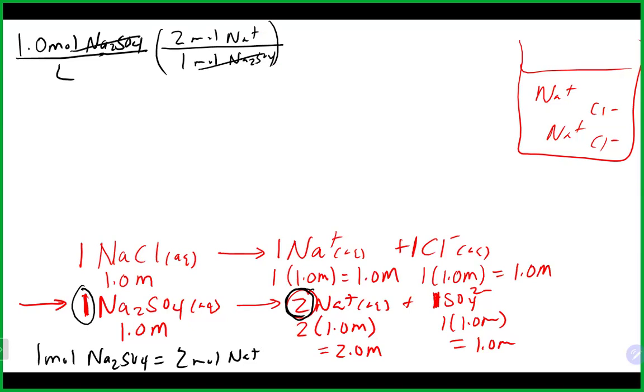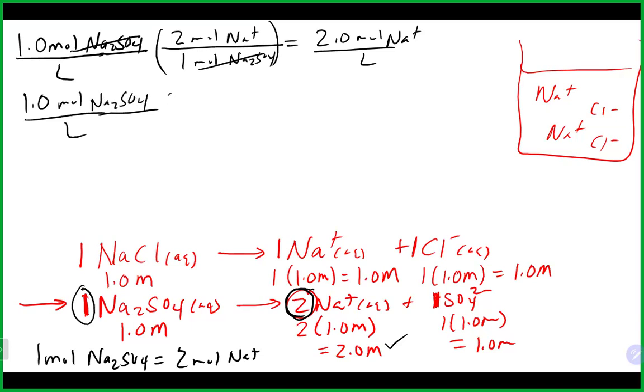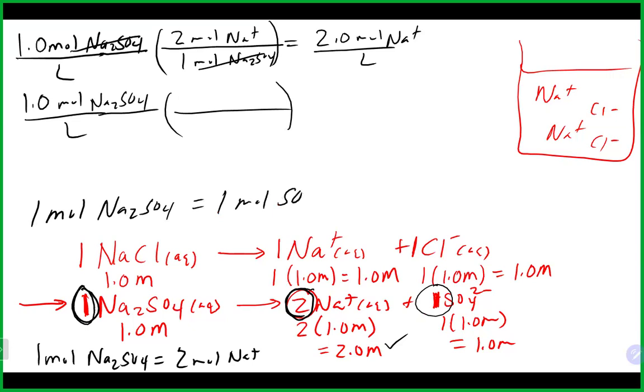Moles of the whole thing cancel, and that leaves me 2 moles per liter of sodium ion, which is basically what I got right here. And if I did the longer version for the sulfate, and 1 mole per liter of the whole thing, and if we look at it as a 1-to-1 relationship, which means I have 1 mole of the whole thing, just like in stoichiometry, coefficient, 1 mole of the sulfate.